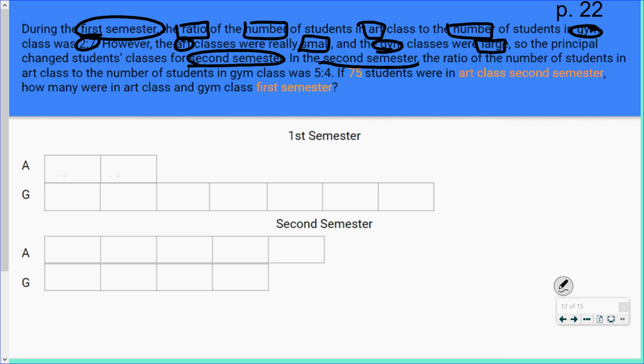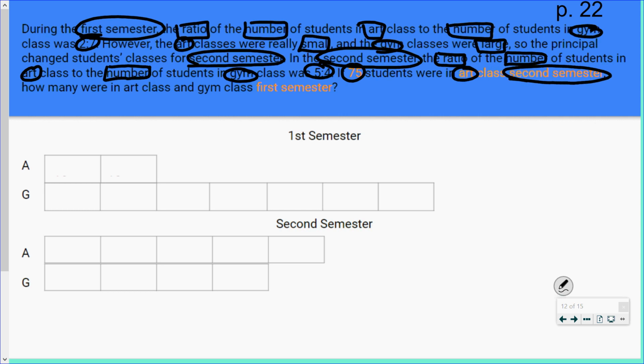In the second semester, the ratio of the number of students in art to the number of students in gym was 5 to 4. 75 students were in art class second semester. How many were in art and gym first semester? So that whole thing is our question. So bottom line is that's what we need to get to.